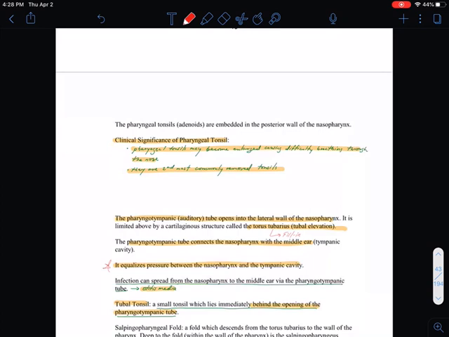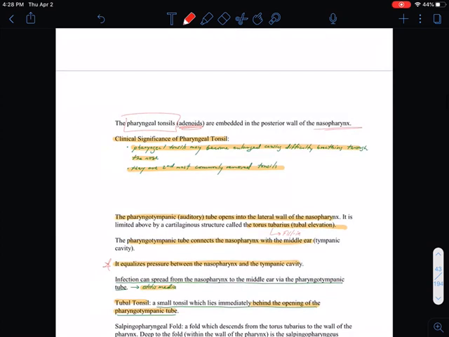And next we have another set of tonsils, your pharyngeal tonsils, otherwise known as your adenoids. They're embedded in the posterior wall of your nasopharynx. They can become enlarged, causing difficulty breathing through the nose. So some people might think they have a deviated septum. They go in and get it checked. They have a CAT scan done.